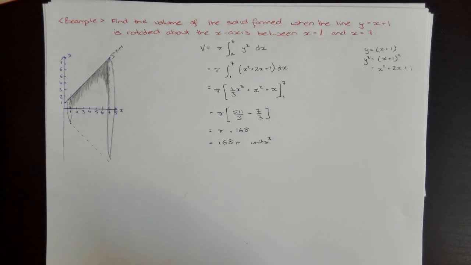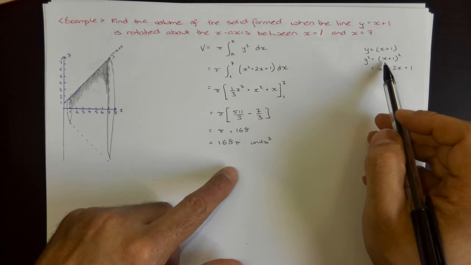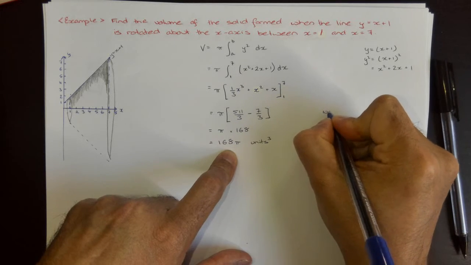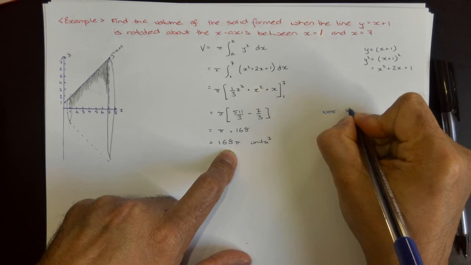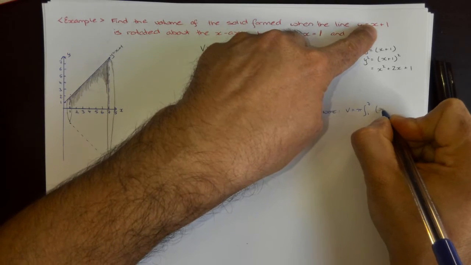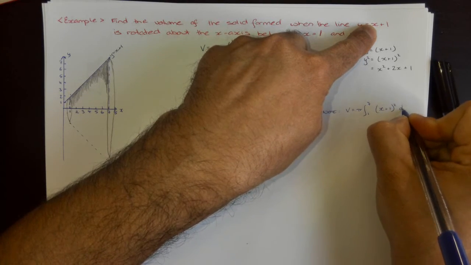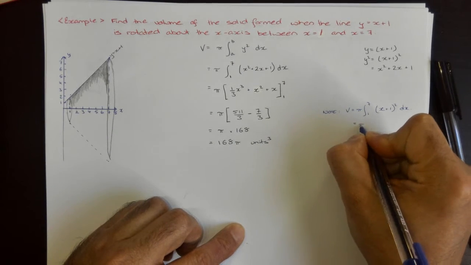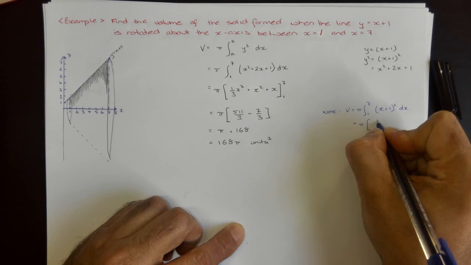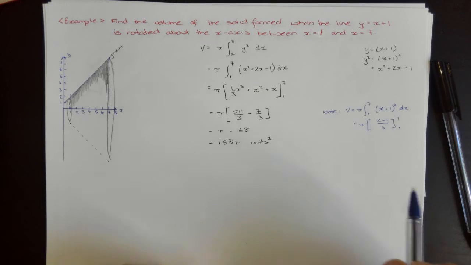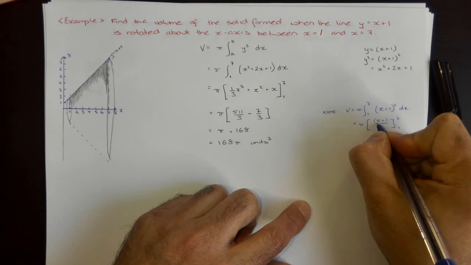Now, though I did this and I expanded it to make it just a bit easier, I could have done it as this, and then figured it out to be x plus 1 over 3, this should be cubed.